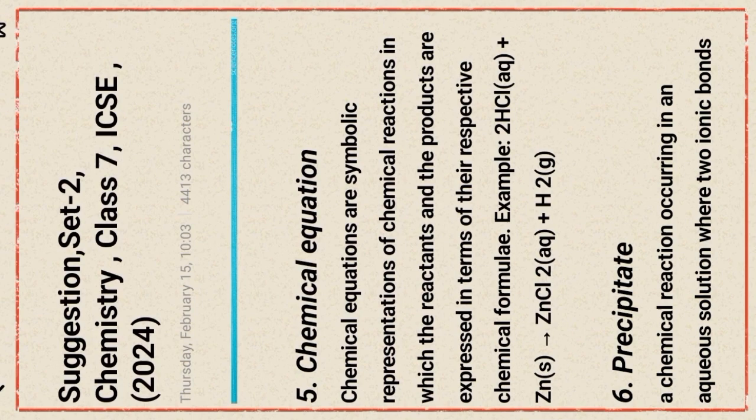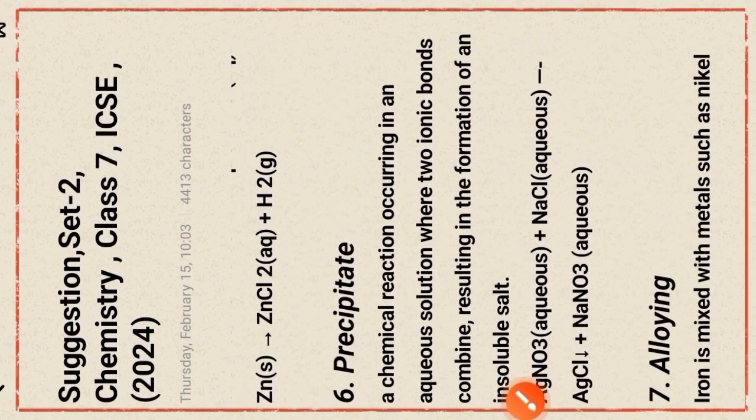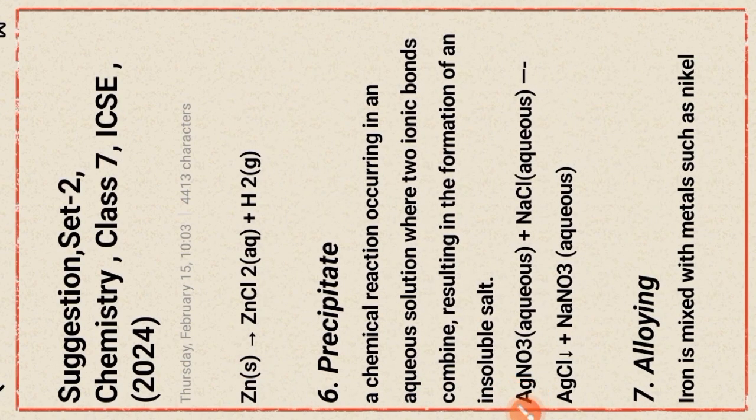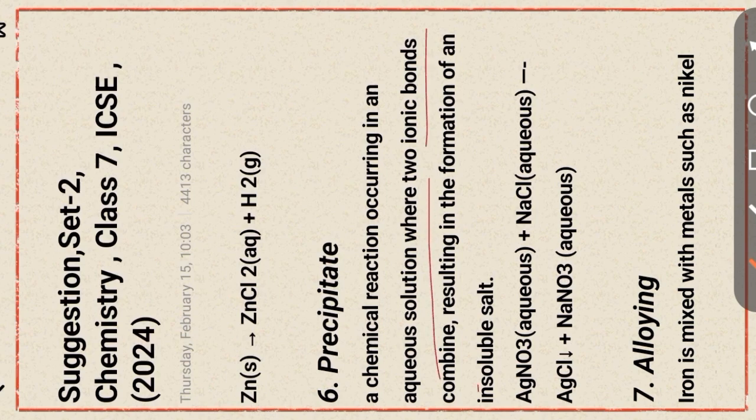Okay, my dear viewers. Next question, precipitate. That is a chemical reaction occurring in aqueous solution where two ionic compounds combine, resulting in the formation of an insoluble salt, insoluble in water.